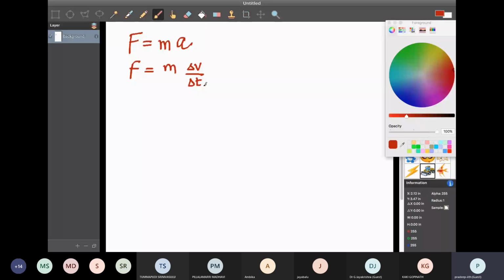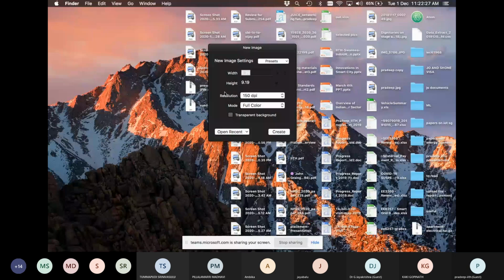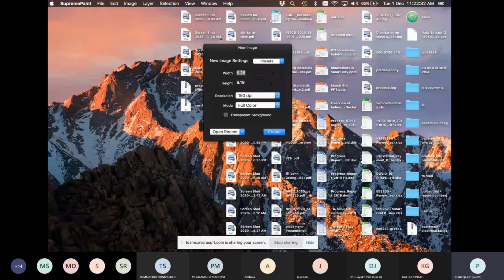So now we already know what is m by delta t. That is the flow rate, and the change in velocity, that is V1 and V2. So if I write m by delta t and then change in velocity delta V, m by delta t we just now calculated.